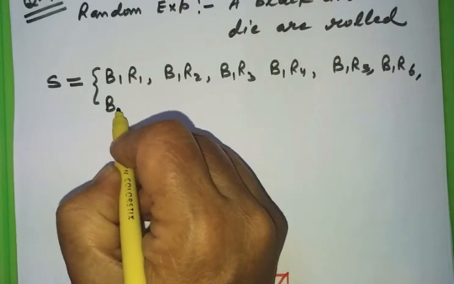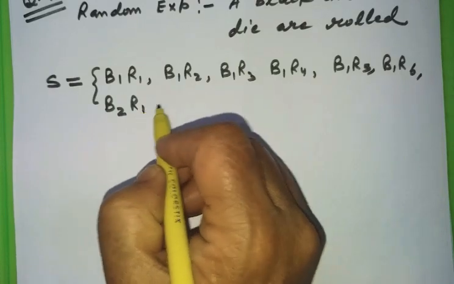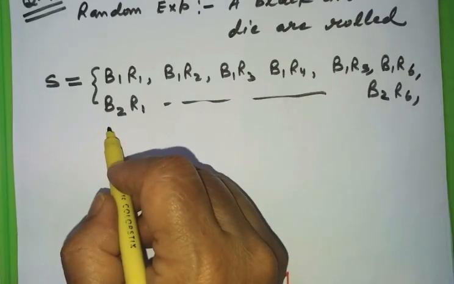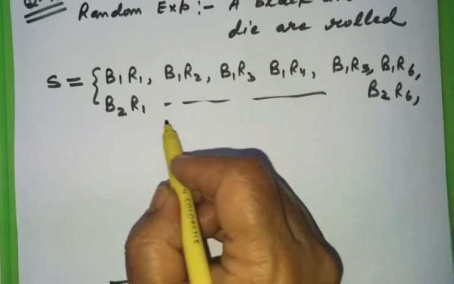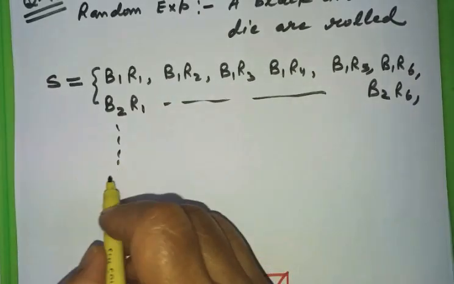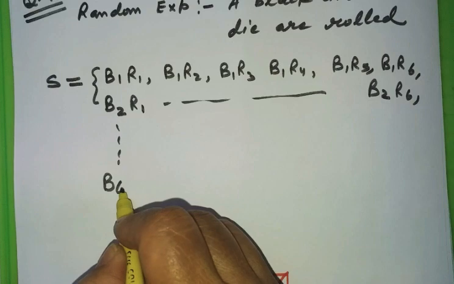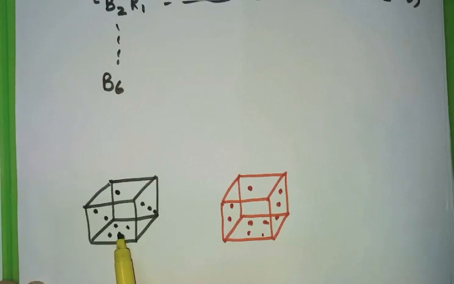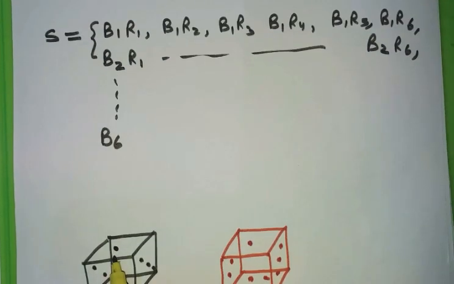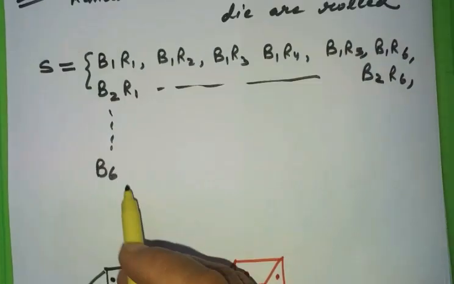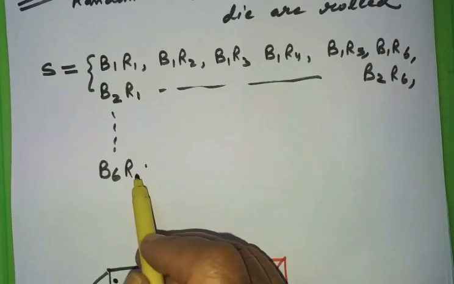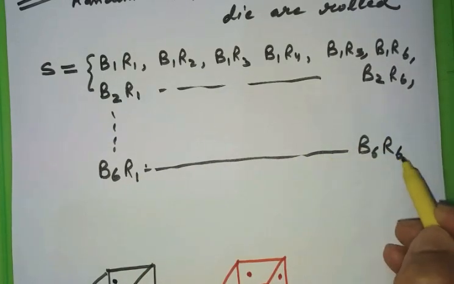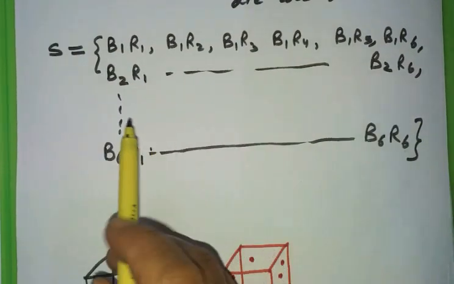Then similarly black 2 can be paired up with red 1 till red 6, and black 3 can be paired up with any of red 1 to red 6, and so on, and the last option is black 6. Black 6 means number 6 on the black die, black 1 means number 1 on the black die, and red 1 means number 1 on the red die. Black 6 can again be paired up with red 1 till red 6. So this is our sample space.